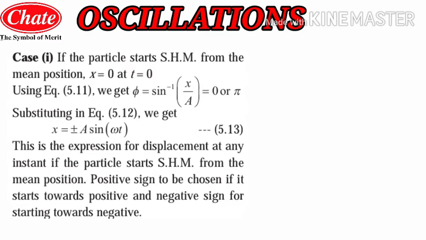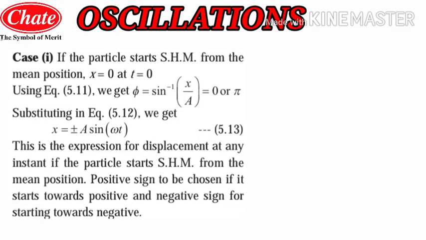If the particle starts SHM from the mean position, the positive sign is to be chosen if it starts towards the positive side, and the negative sign is to be chosen when it starts towards the negative displacement direction.